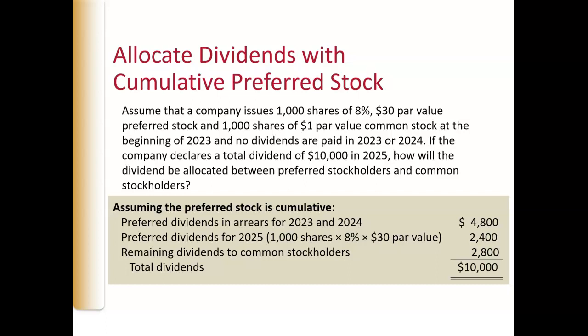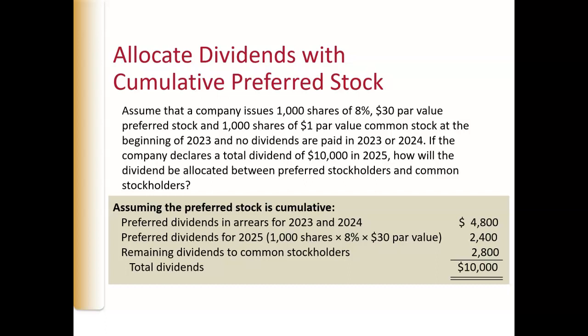So in this case, the 8% $30 par value means that $2,400 of preferred dividends in 2023 and $2,400 in 2024 are going to get paid first in 2025.